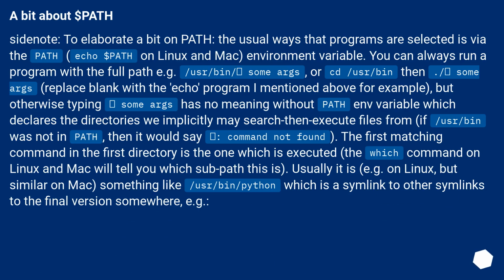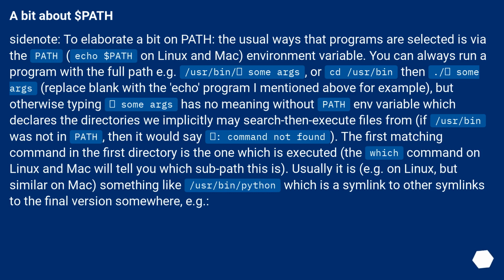A bit about $PATH. Side note, to elaborate a bit on PATH, the usual way programs are selected is via the PATH environment variable, echo $PATH on Linux and Mac. You can always run a program with the full path, for example /usr/bin/sqrt some args, or cd /usr/bin then ./sqrt some args. Replace sqrt with the echo program I mentioned above, for example, but otherwise typing sqrt some args has no meaning without the PATH variable, which declares the directories we implicitly may search and then execute files from.